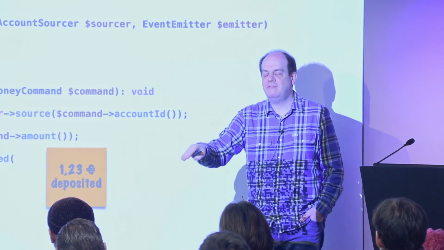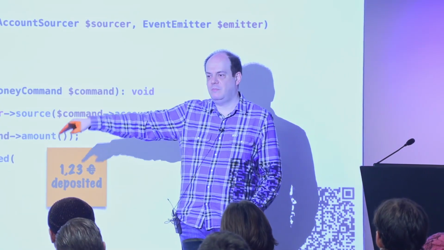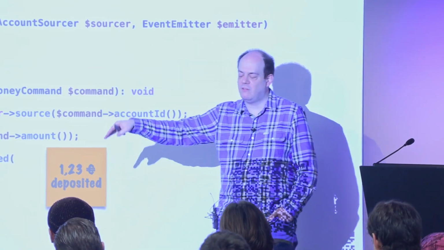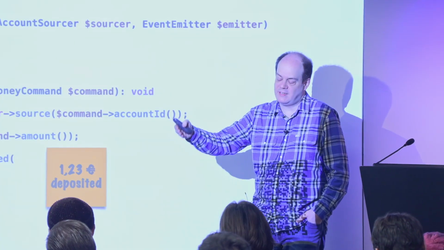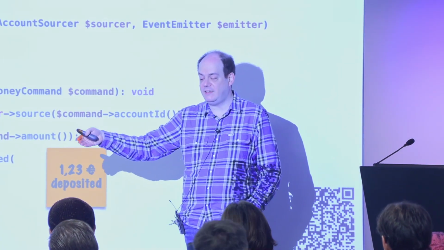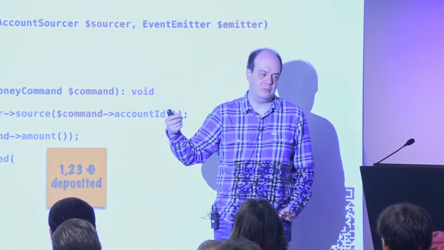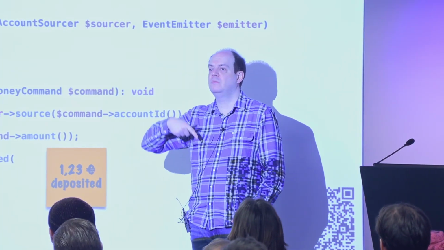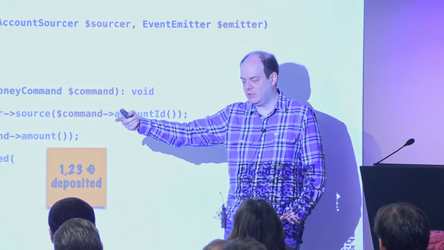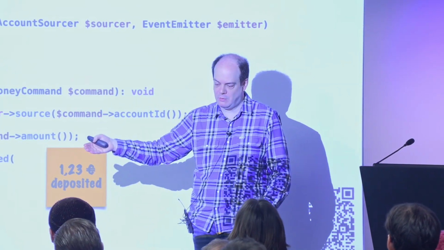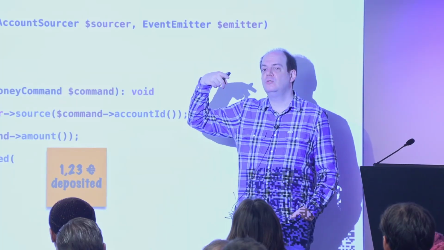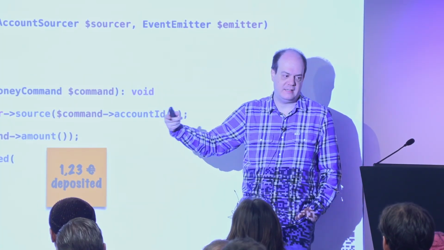But it will definitely not be the event, hey, this money has been deposited, because that would violate our business rule. In this case, everything is fine and we get that event, and it's the responsibility of the command processor to perform the domain logic that is needed to perform the command, and then to record that this has happened.